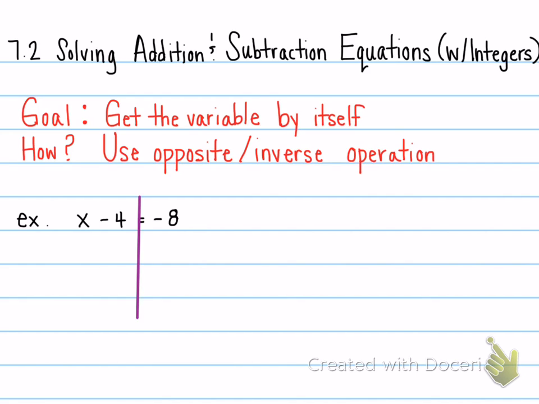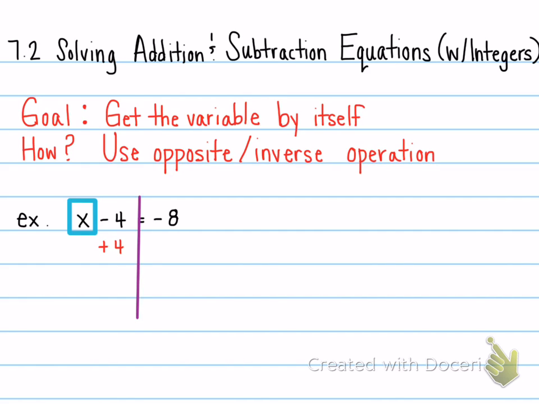So I know that my goal is to get that variable by itself, to isolate that variable. So that means when I look at what's attached to the variable here, it's a -4. So if we're talking about using the inverse operation, the inverse of -4 is +4.